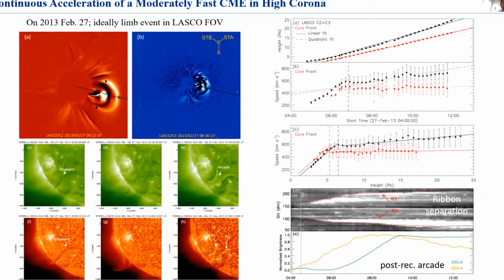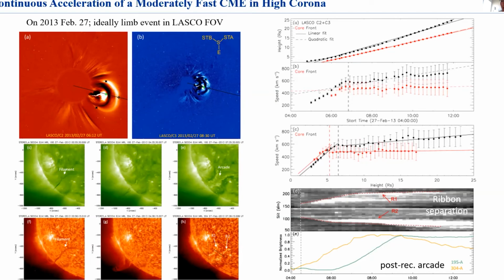Then we go back to this panel again. We can see that the CME front is experiencing continuous acceleration, but the core is at a constant speed. So it may indicate that what you observed in the accelerated CME front is just caused by an additional CME expansion, because if there were an acceleration of the front and of the core, then due to the frozen-in condition, the core should experience acceleration at the same time.